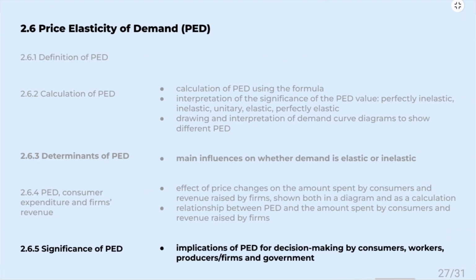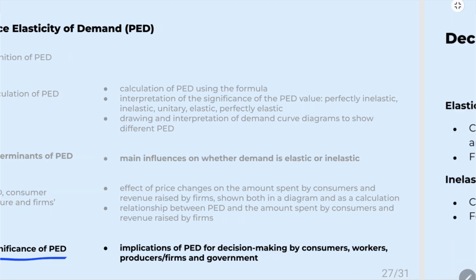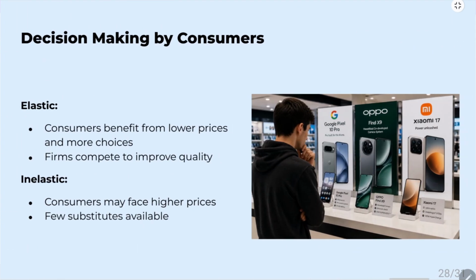Now let's look at why price elasticity of demand is important in real life and how it helps consumers, businesses, workers, and governments make decisions. For elastic products, consumers usually benefit from lower prices and more choices because businesses compete strongly with each other. For example, smartphone companies often reduce prices, improve camera quality, and add new features because consumers can easily switch to another brand.